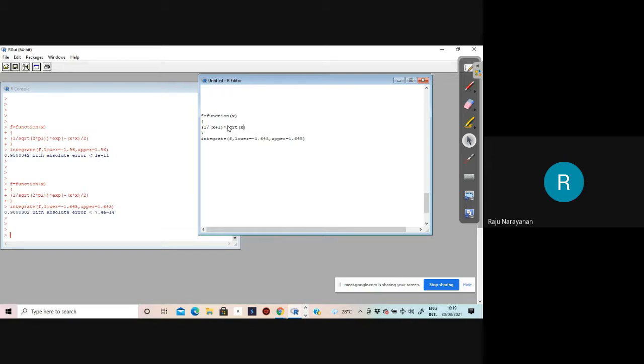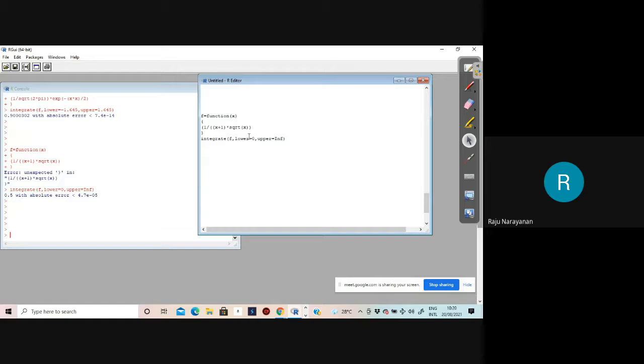Okay, I have to put the denominator together. And what was the limit? Lower limit was 0 and upper limit was infinity. Don't forget, you have to use capital INF. Okay, I think now everything is correct. Let us try.